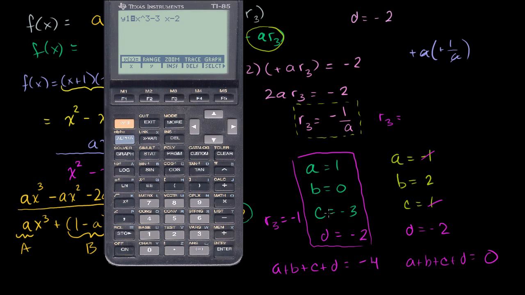That's this one, where we pick this choice of coefficients. And then let's do this choice of coefficients. So if we have minus x to the third, a is minus 1, plus 2x squared, and then we have plus x, c is 1, plus x minus 2.